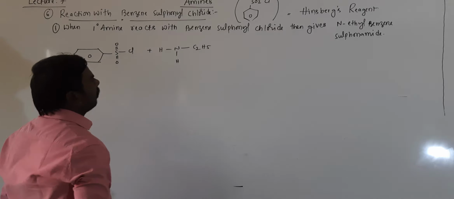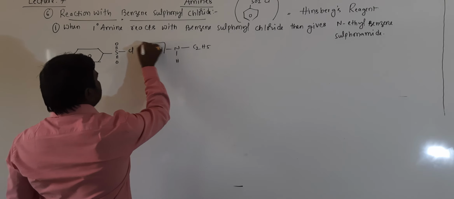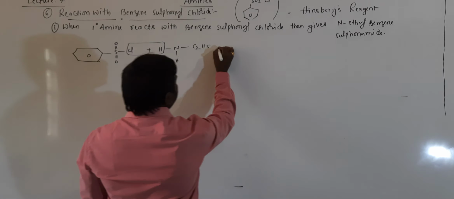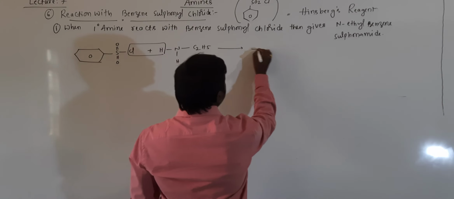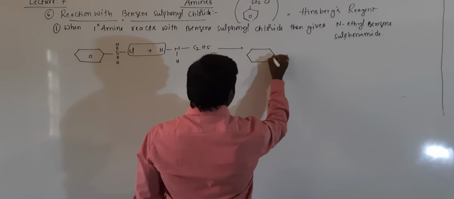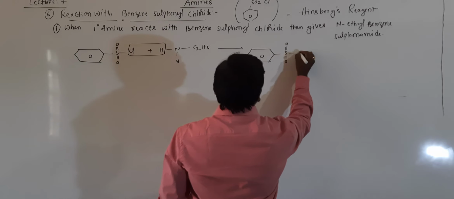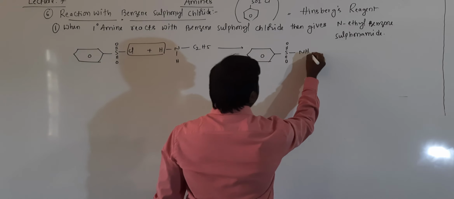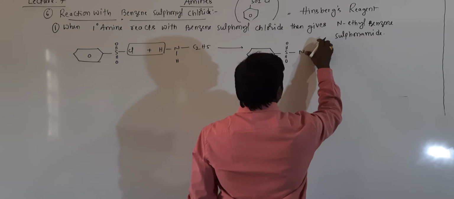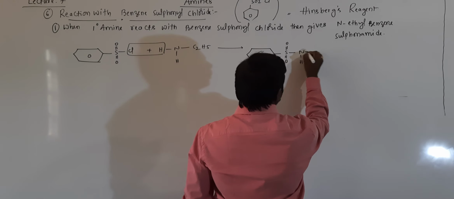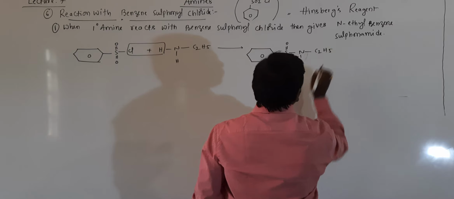Benzene sulfonyl chloride reacts, then H and Cl will be eliminated, and we get S double bond O, NH, and you can write the H here, no problem, C2H5.